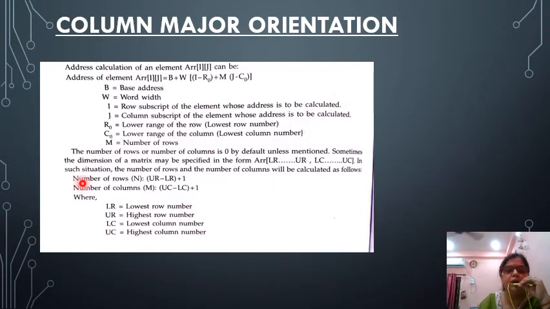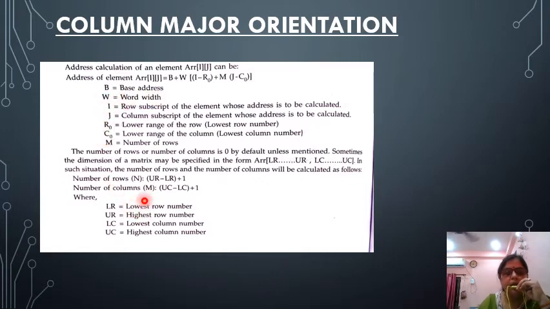now see column major wise orientation. For the column we have to use this formula. Okay, see here, in column major we will take the number of rows, in row major we will take the number of columns. Okay, see, all that has been given: what is B, what is W, what is I, J, R0, C0.